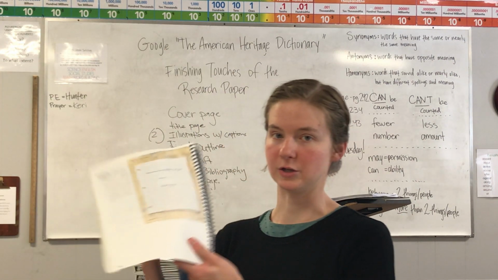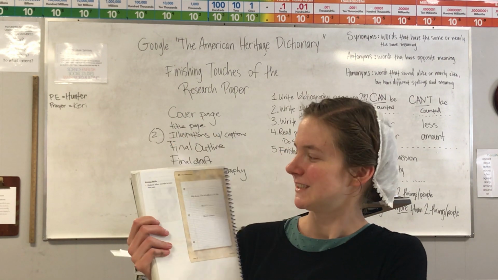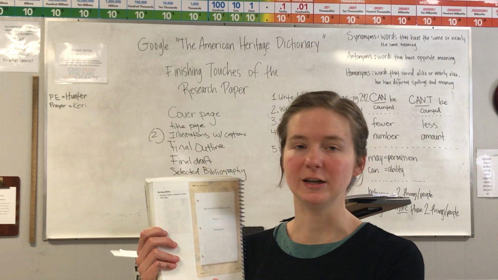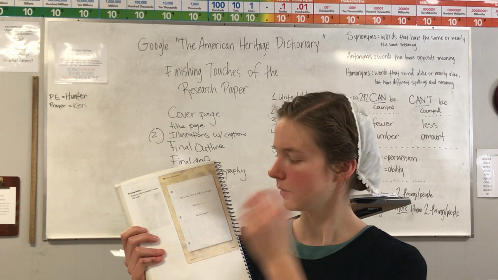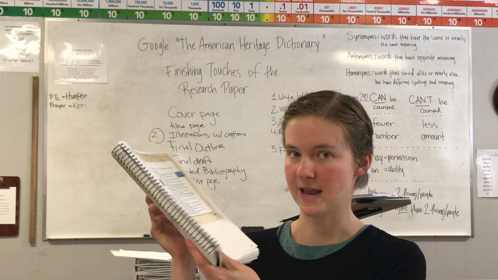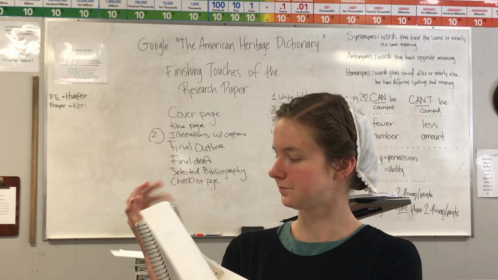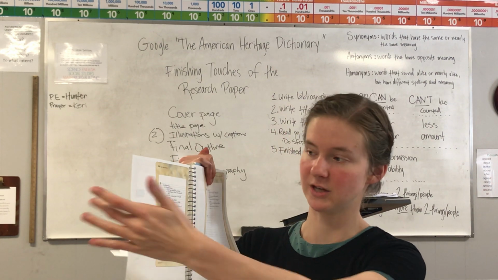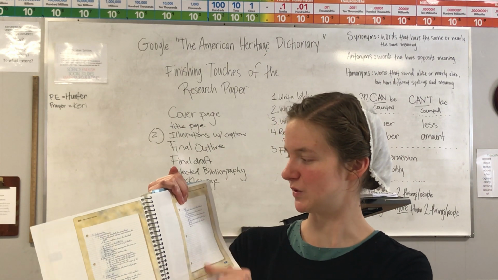This is the sample page. I really hope you can see me. Okay. Title page. No page number because it's the title page. Follow this. This is what you do. Outline pages. No page number. So this is still part of the outline.